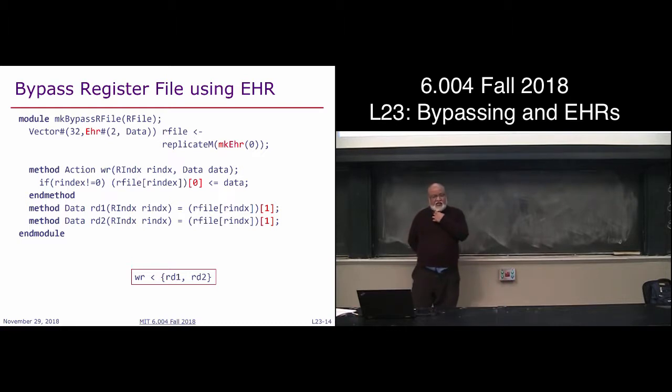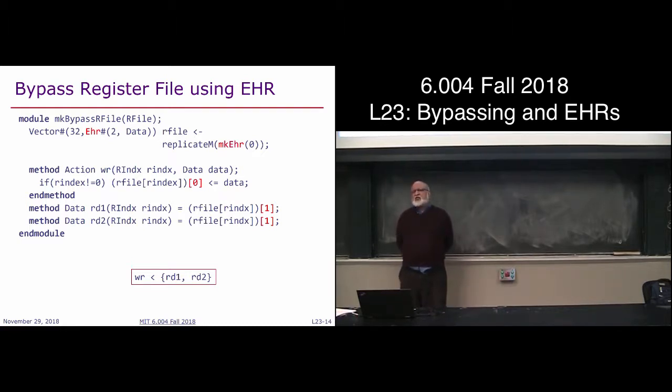And then when I write, I write in port 0, but when I read from the register file, I'm reading port 1s from it. So this will automatically capture anything that was coming in and you'll be reading out.